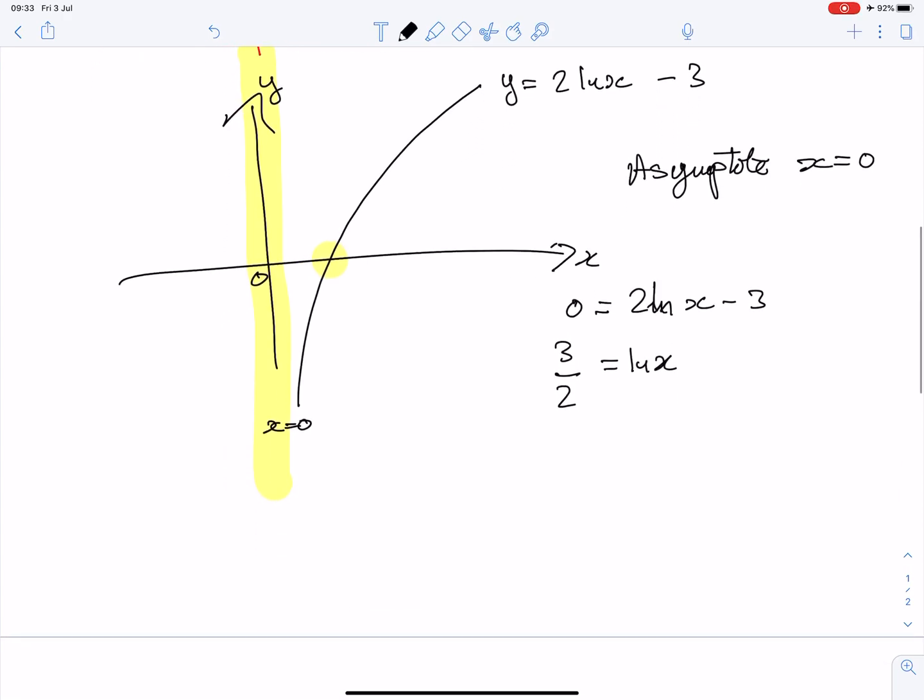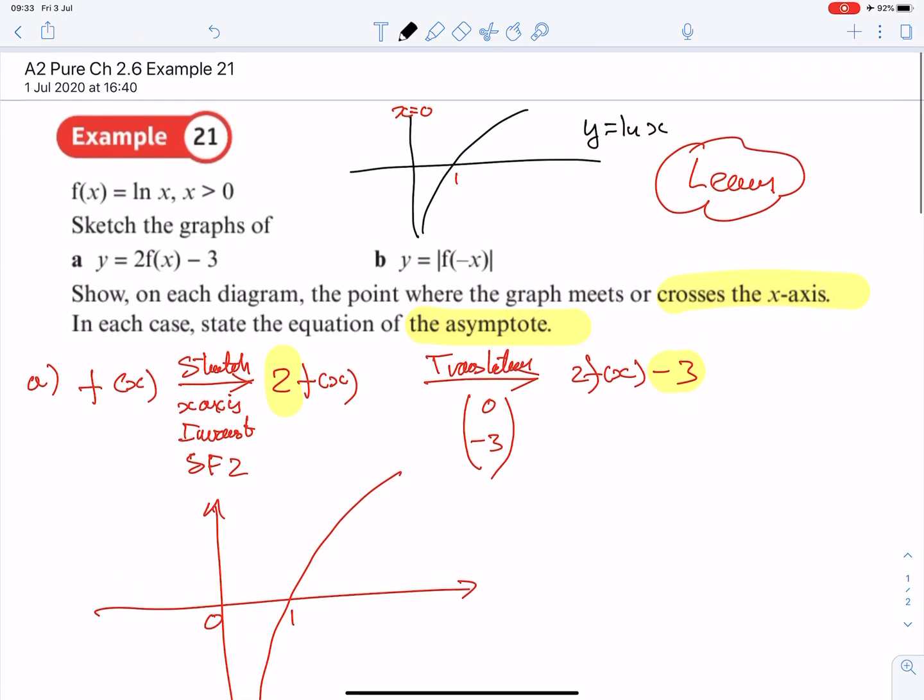Hopefully we know that ln of x is log to the base e of x, so we can undo the log and we get x equals e to the 3/2. Exponential is the inverse of logarithms. So we can now label that point e to the power 3 over 2. Much better to do it exactly like that rather than on the calculator, where you get a decimal value.